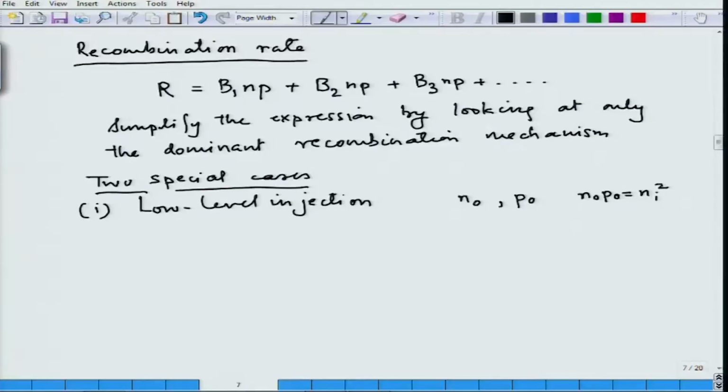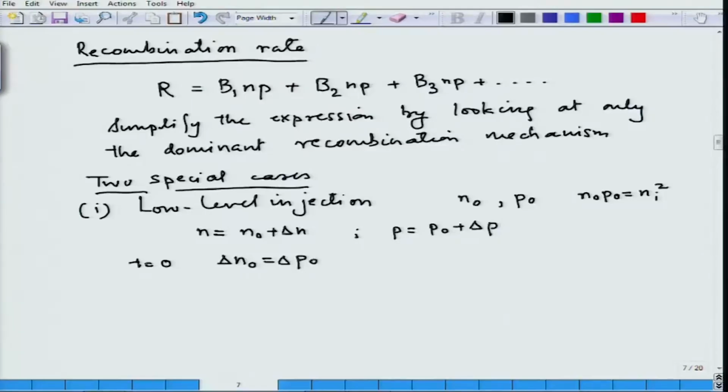We create excess electrons and holes, we generate excess electrons and holes by any process, maybe optical, such that the new carrier concentration is N naught plus delta N, and this is P naught plus delta P. And if we are doing it by thermal or optical generation, we know that if the excess carriers are generated at T equal to 0, then delta N naught is equal to delta P naught.